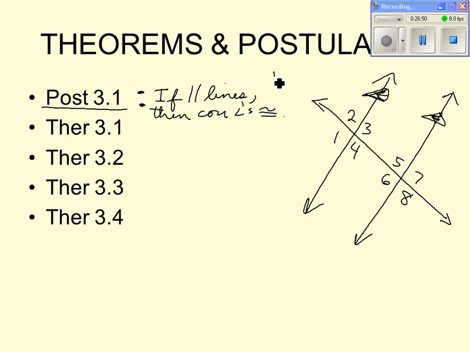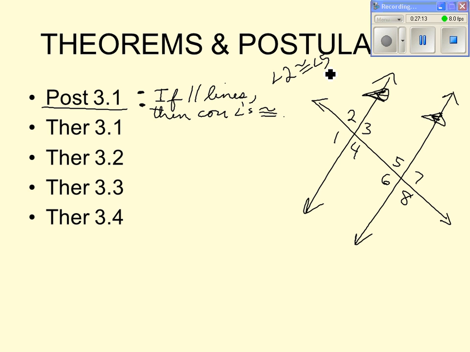So angle 2 and 5, we know angle 2 has to be congruent to angle 5. Angle 3 has to be congruent to what? 7. And are there others in there? Yeah. All right, so that's for corresponding angles. If the lines are parallel, then you know corresponding angles have to be congruent.